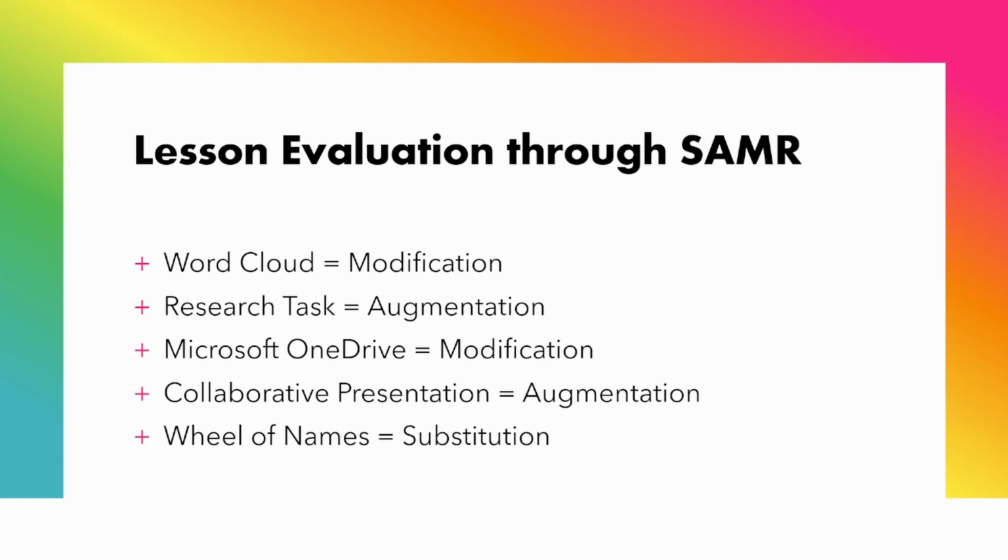Now, there was nothing in this lesson in particular that I believe was a complete redesign, but perhaps that's because I've taken a lesson that I've already taught rather than thinking about a new lesson that I could potentially work through. But definitely thinking through this SAMR model has made me realize that I need to purposefully implement technology in these classrooms. And not just purposefully as in, this is what we're doing, but also teach these concepts, because the students may not know what's going on here.